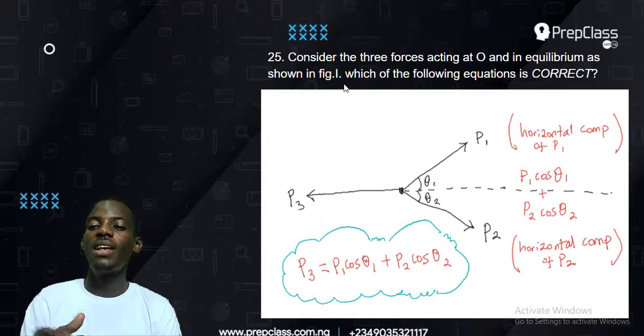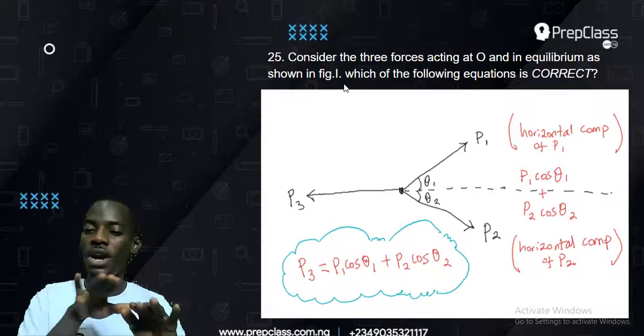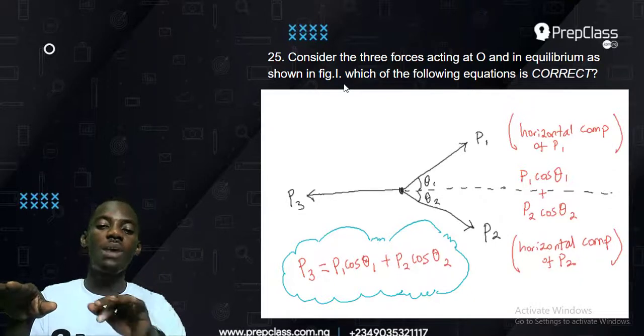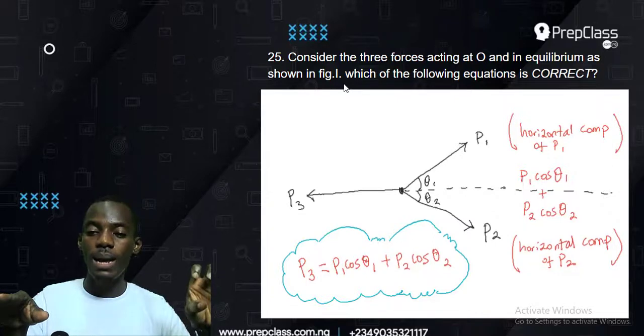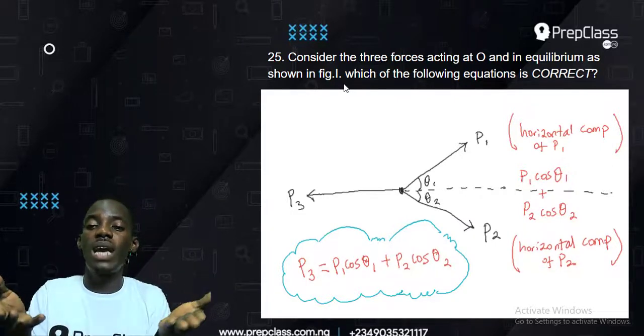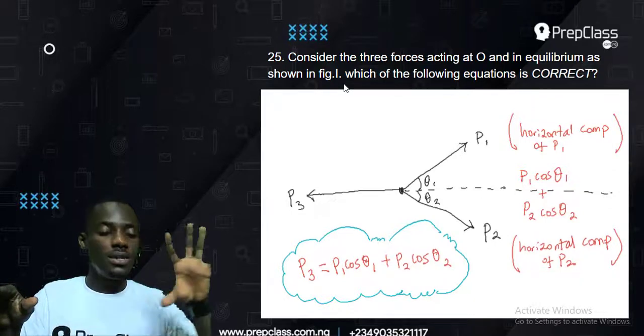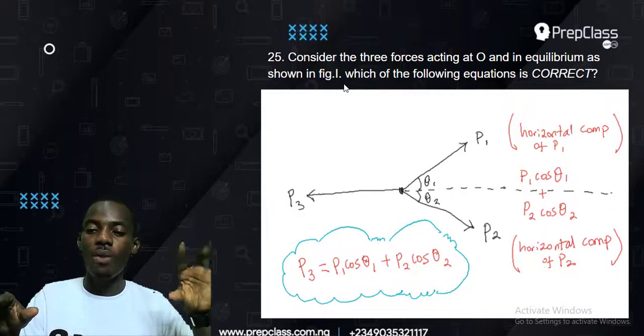Since the two forces are now in equilibrium, the one going this way, that's P3, and the one going this way, that's the two of them, are in equilibrium, which means they are equal. That means P3 and the two of them, P1 cos theta 1 plus P2 cos theta 2, are equal.